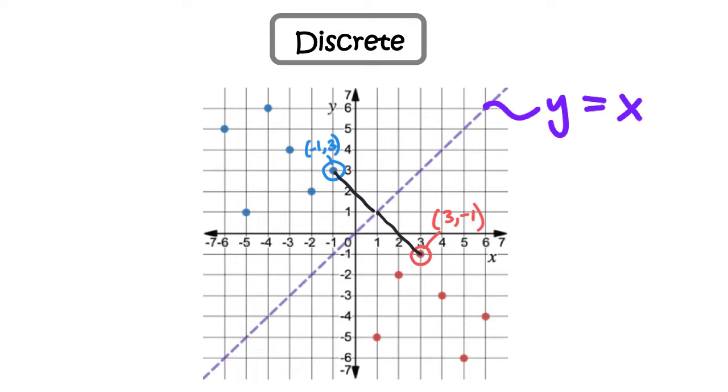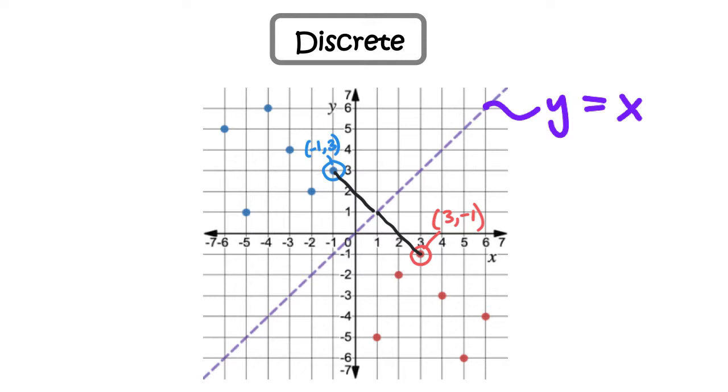So these 2 points are the same distance to the line, to this diagonal, but these 2 points are also inverses of each other, because remember what we learned last class? If I have the original and I switch the x and the y, that gives me the inverse. So graphically, this is what it looks like.